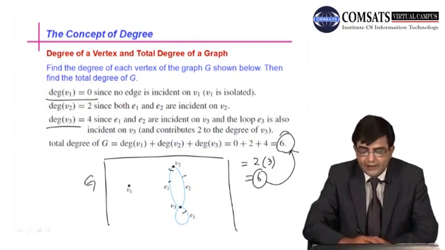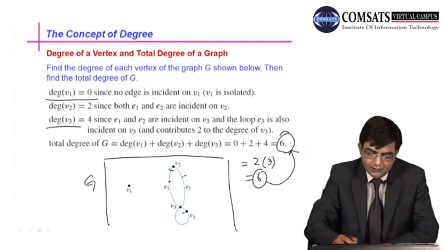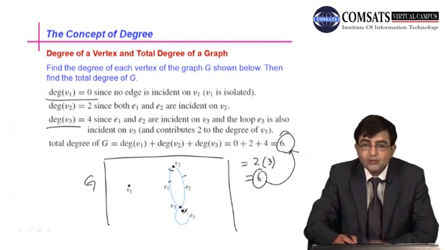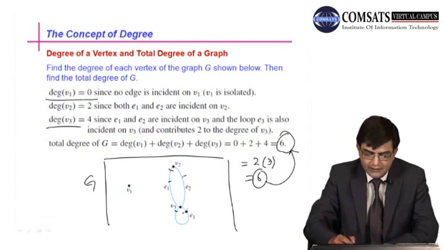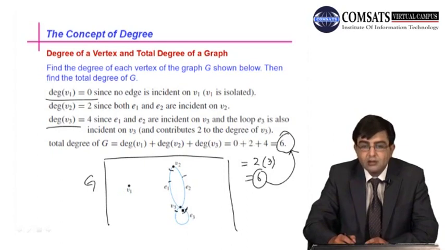For a loop, it is incident on v3 two times, because the endpoints of this edge E3 are v3 and v3. It is incident on v3 here and here, so it also contributes 2 degrees in the graph.